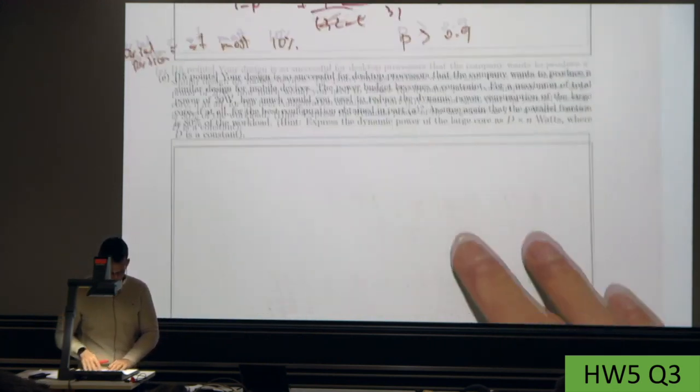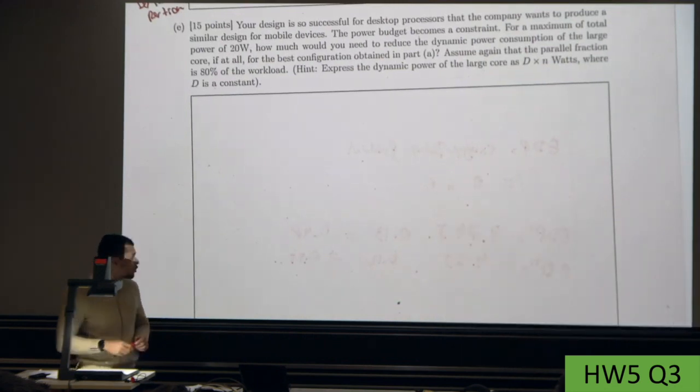Okay. So finally, your design is successful for desktop processors and your company wants to produce a similar design for mobile devices. The power budget becomes the constraint, and you have a maximum power that you can expend of 20 watts.